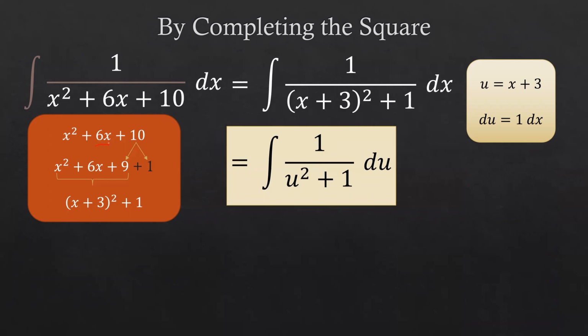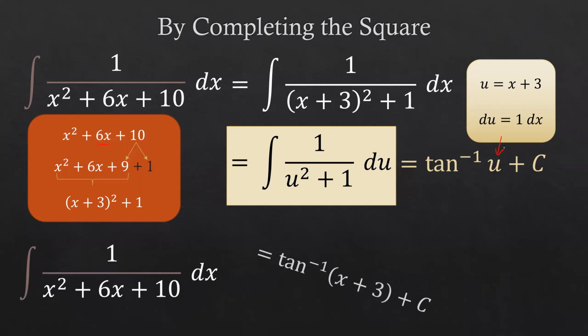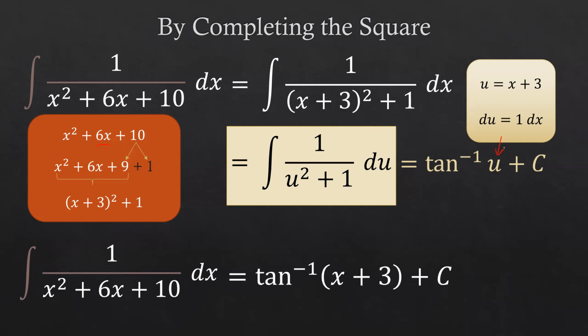That becomes the integral of 1 over u squared plus 1 du, and that's just the straight derivative of inverse tangent u. So then if you put your x plus 3 back where the u is, your answer would be the inverse tangent of x plus 3 plus c.